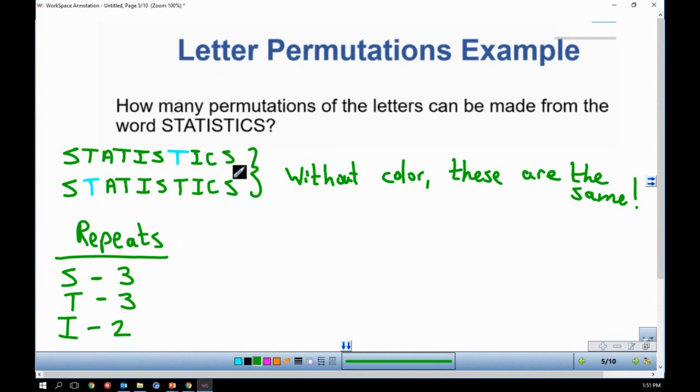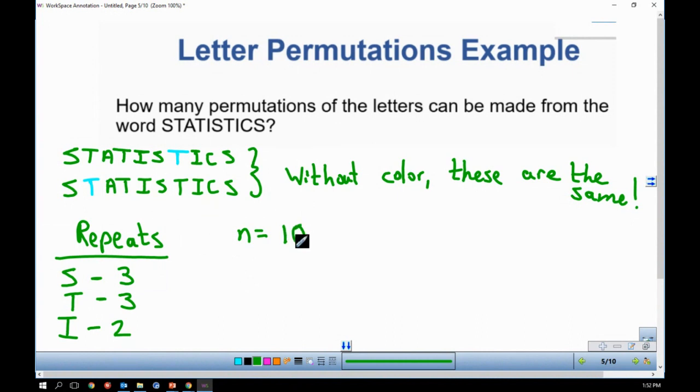So to figure out the ways you can order it, you have to first get your N. So what's our N? How many letters are in our word here? One, 2, 3, 4, 5, 6, 7, 8, 9, 10.